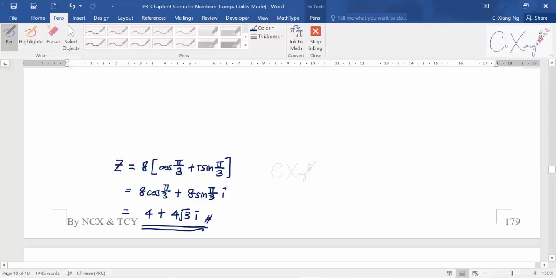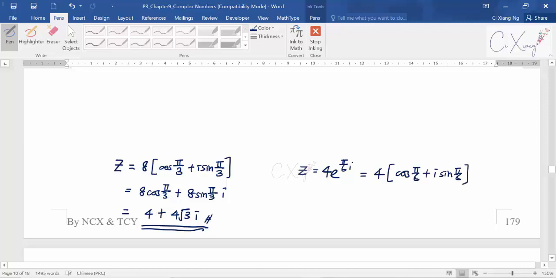The same thing happens for exponential form. Let's say they give you 4 e^(pi over 6 i). Again, you have to change it back to the polar form first. 4 is the modulus, you just copy. e^(pi over 6 i) can be written as cos pi over 6 plus i sine pi over 6.